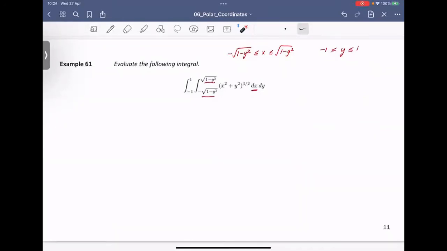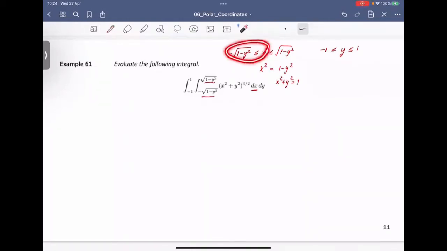So let's start from x equal to square root of 1 minus y squared here. This is my scratch work. So I'm going to square both sides. So I get x squared equals 1 minus y squared, and then x squared plus y squared equals 1. Wow, it is actually a circle with the center at 0, 0 as well.